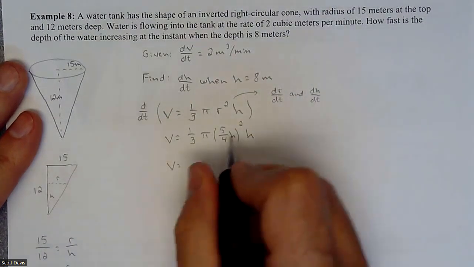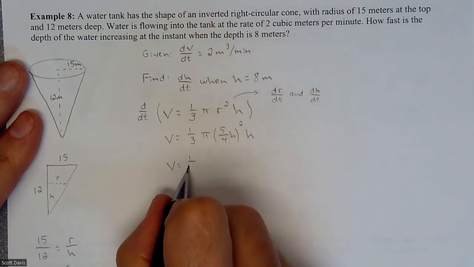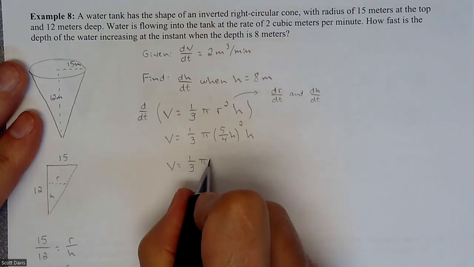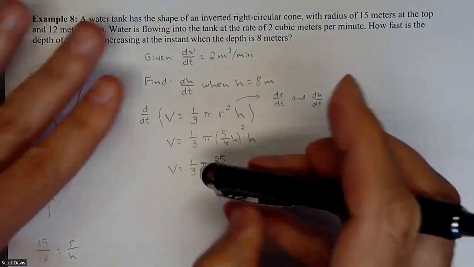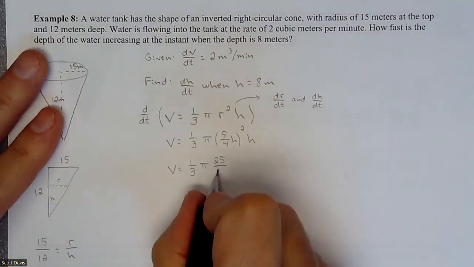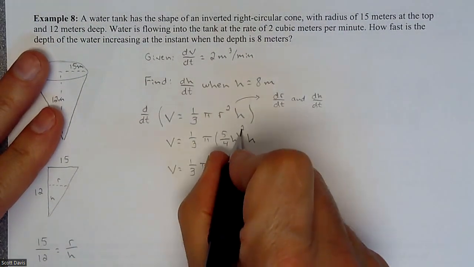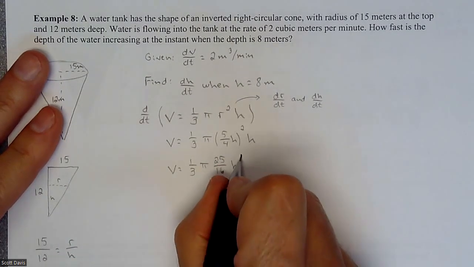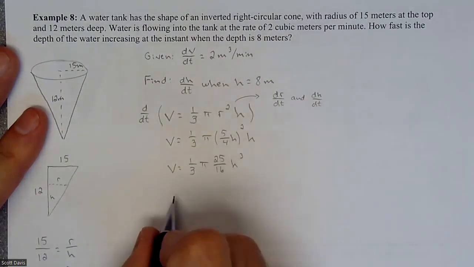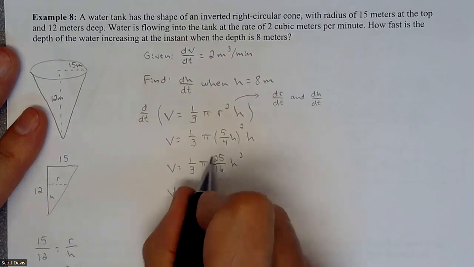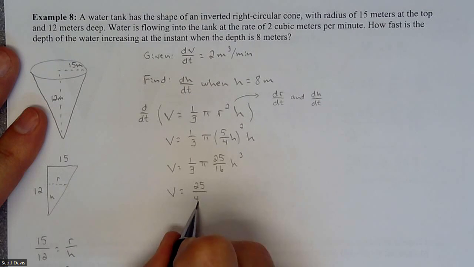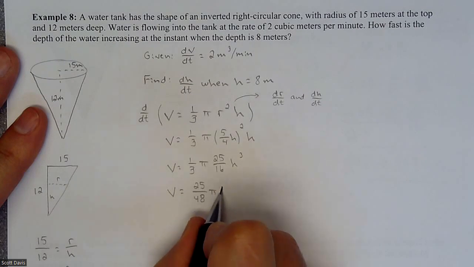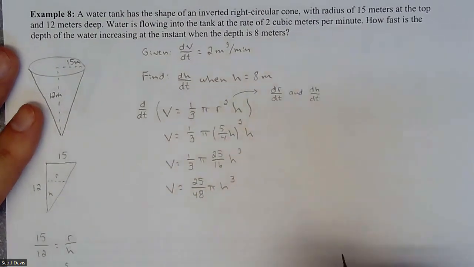So this is going to be 1/3 pi times 25/16ths, and then that's h squared combined with that h is going to be h cubed. If I put that together, our volume is 25 over 48 pi h cubed.